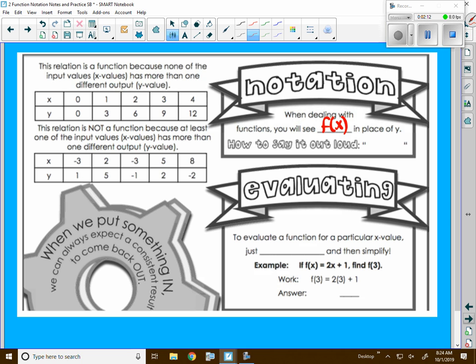A lot of people tend to forget that f of x and y, you can just interchange them. The reason that we use f of x is because it is a simpler way to talk about plugging in an x value. So you say "f of x" is how you would say that.